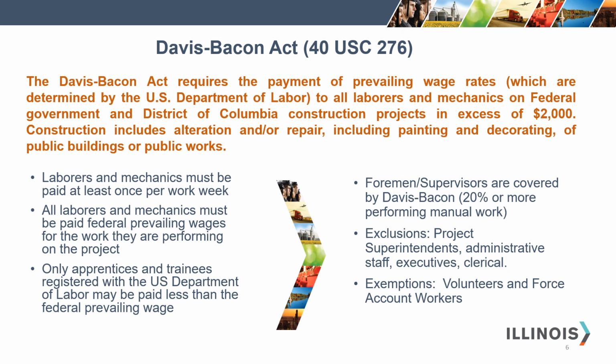Foremen and supervisors are covered by the Davis-Bacon Act only when 20% or more of the time spent is performing manual work. Exclusions include project superintendents, administrative staff, executives, and clerical staff. Volunteers and force account workers are exempted from the Davis-Bacon Act.